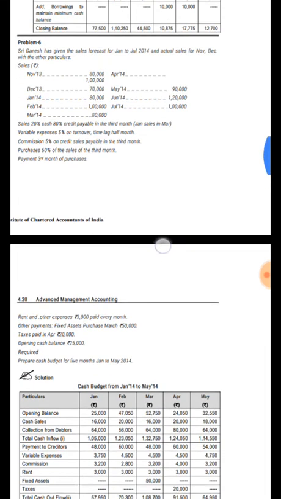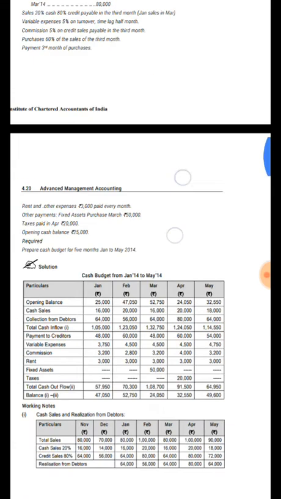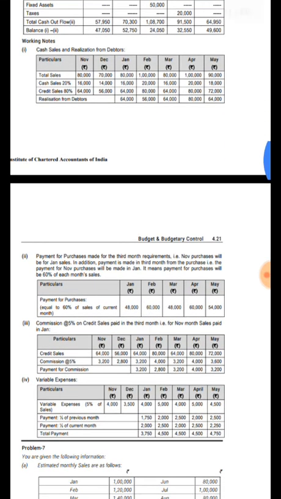Now what we have to find out is purchase. 60% of sales of the third month is what I said. See, they have written also: payment for purchase made for third month requirement, that is, November purchase will be for January sales. In addition, payment is made in the third month from the purchase, that is, the payment for November purchase will be made in January.